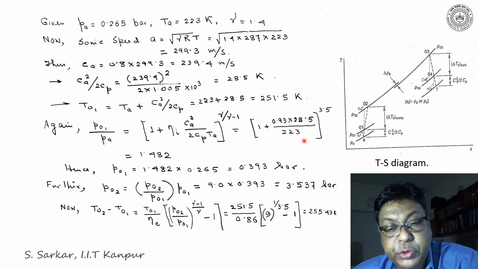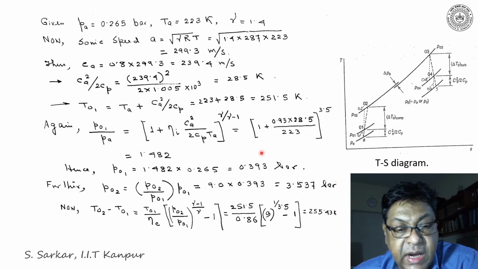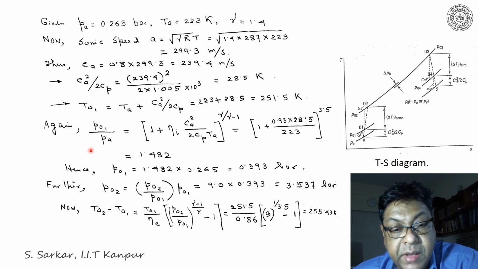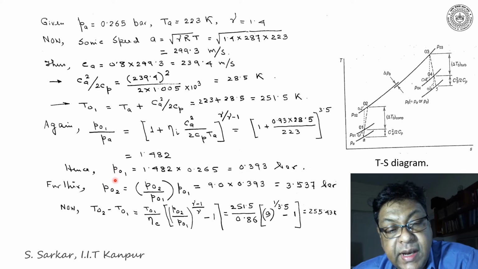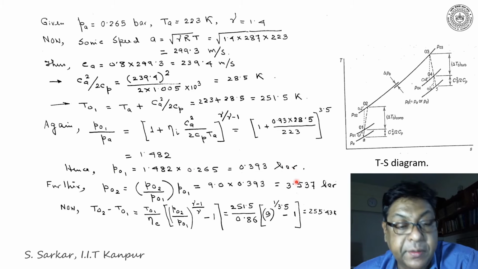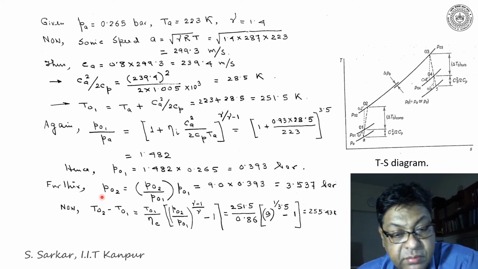Ta is 223. Gamma by gamma minus 1 becomes 3.5. Thus, after calculating this, I'll get P01 by PA equal to 1.482. Thus, I can get P01, and the P01 I have got as 0.393 bar.